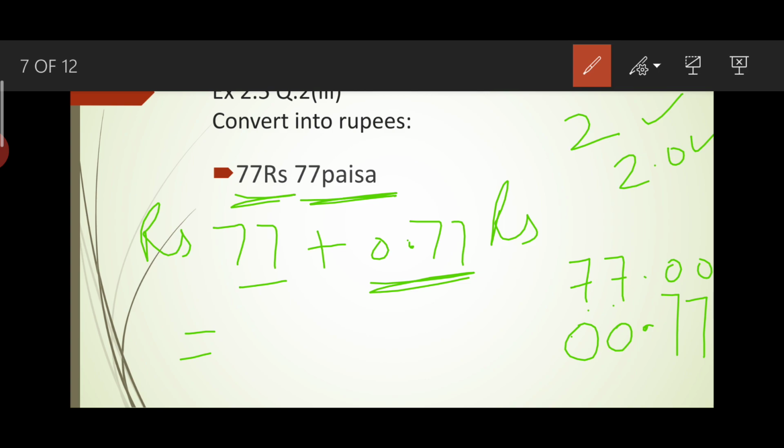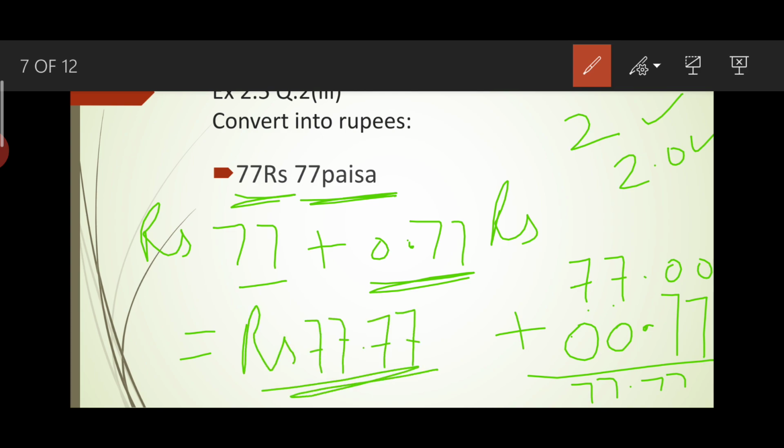So you can write 77 as 77.00, and then add 0.77 to it. What will you get? 77.77. So our answer will be 77.77 rupees.